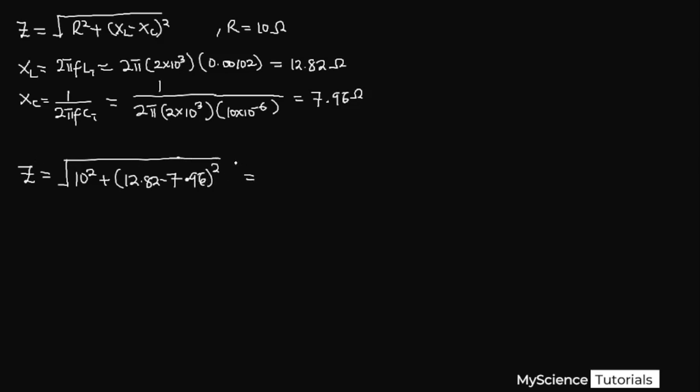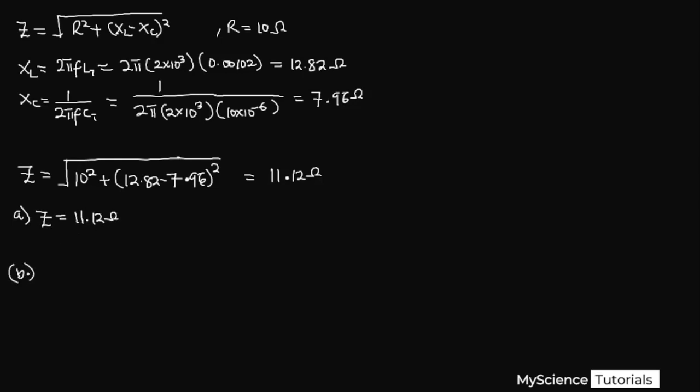If we compute everything in our calculator, we get a total impedance of 11.12 ohms. So this becomes our impedance for the entire circuit. The answer for A, impedance Z, is equal to 11.12 ohms.